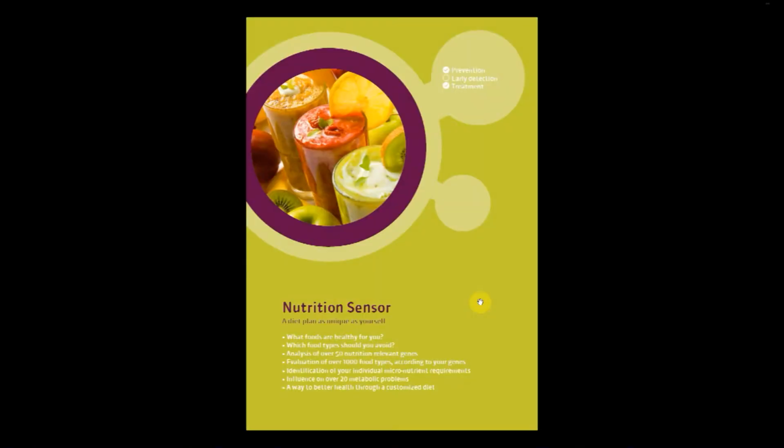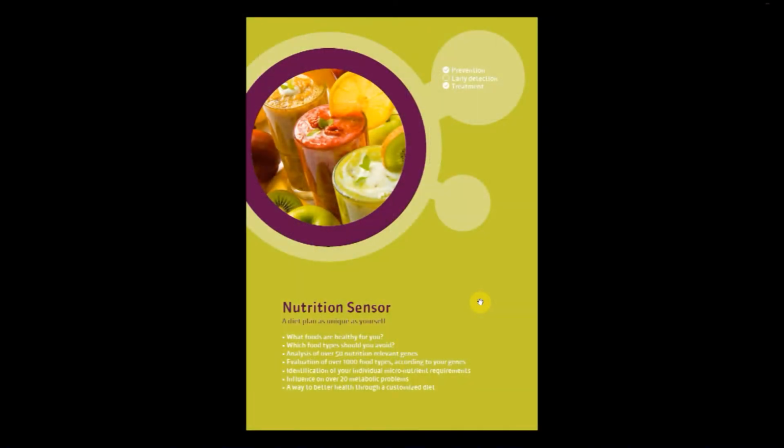As this program is structured in such a way that you can use genetics to improve weight loss, or use genetics to eat healthy, or do both, there are different sections in the report depending on what you've ordered. So this here is a nutrition sensor part. This is the eating healthy part, to make sure your body gets the right nutrients. And this is useful for prevention, to prevent certain metabolic problems from developing, and for treatment.